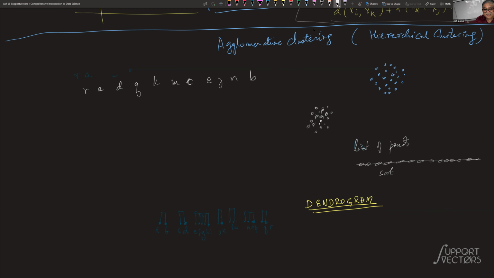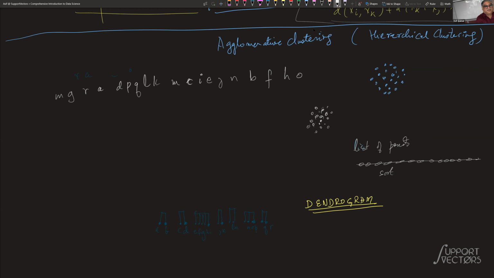B is missing. B, C, D, E, F, G, H, I, L, M, N, O. Oh, P. Maybe I'll stick a P here. P, Q, R. All of them are there, right?